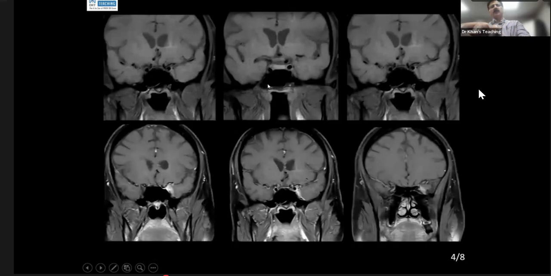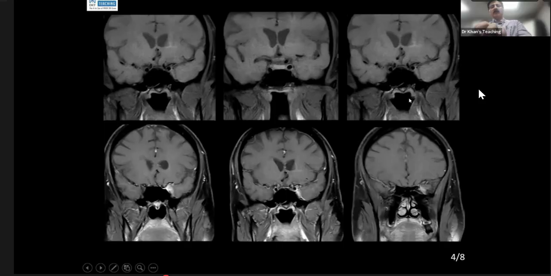Now, this is post contrast. What's happening? On the left side, we've got high T2 signal, high T1 post-contrast signal and enhancement at the left side where we saw the lesion within the anterior middle cranial fossa. What is this? We're looking at the region of the left cavernous sinus with the ICA.